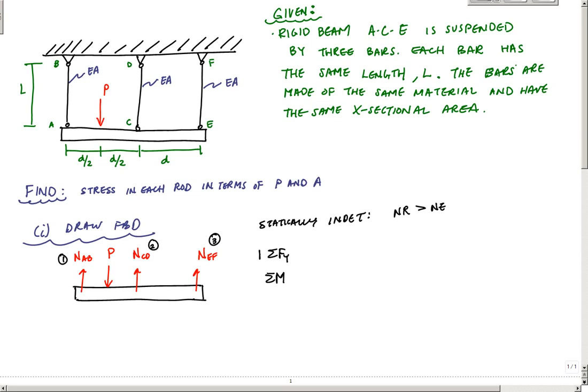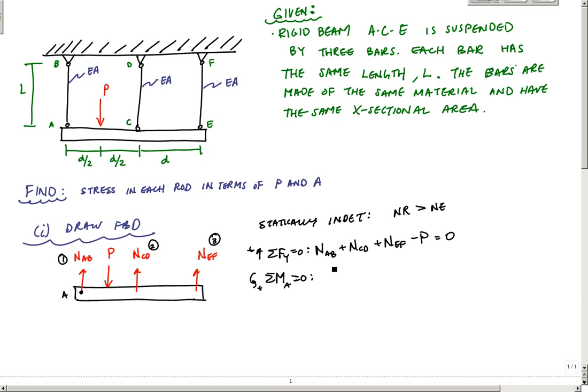Okay, and so if I did sum of the forces in the y equal to 0, this would be NAB plus NCD plus NEF minus P equals 0. And if I take sum of the moments about point A, which is over here, this would equal 0.